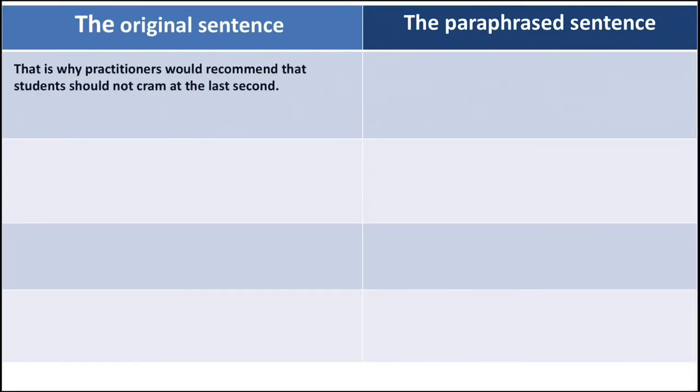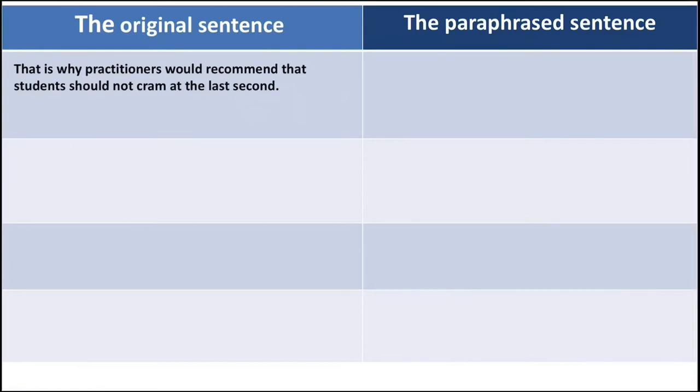So the first sentence you have here is: practitioners would recommend that students should not cram at the last second. So how can we paraphrase this sentence? In other words, what are the changes that we can do so that it's not copying the original sentence?